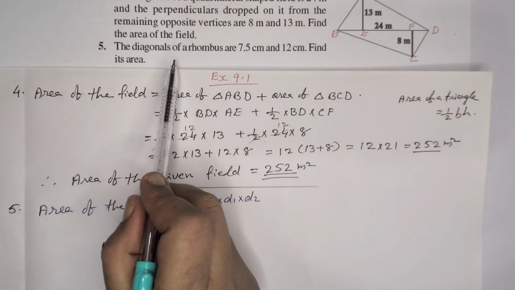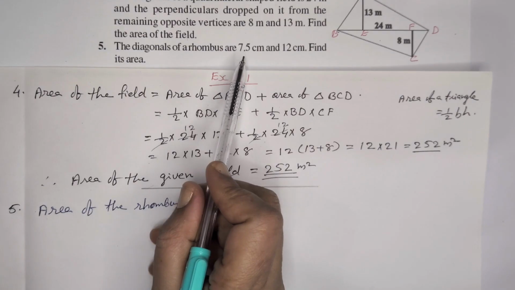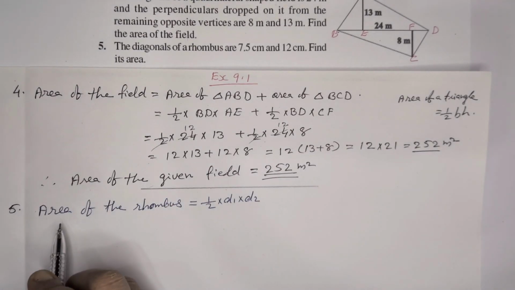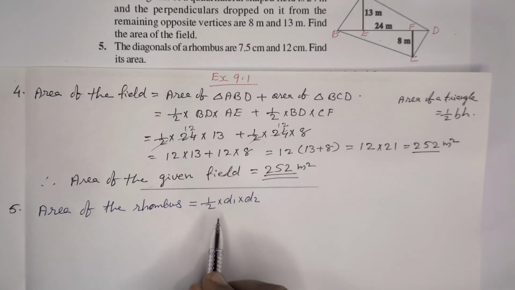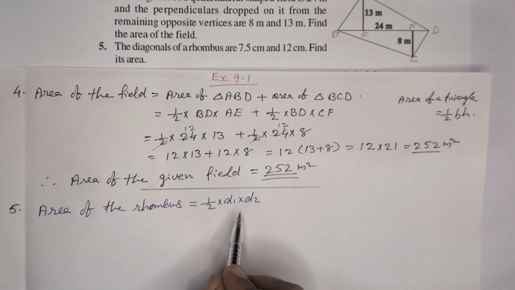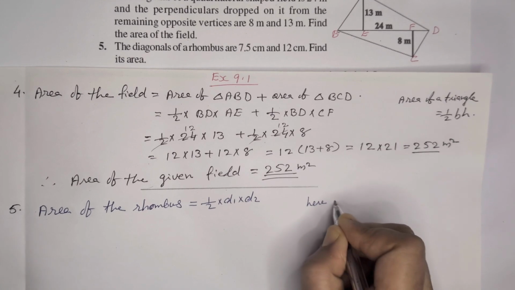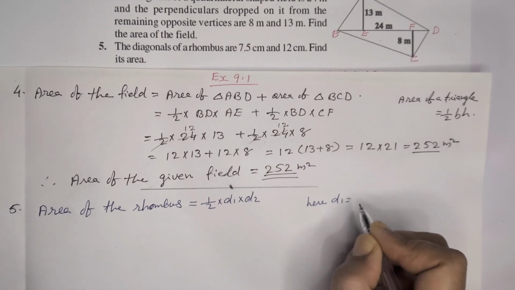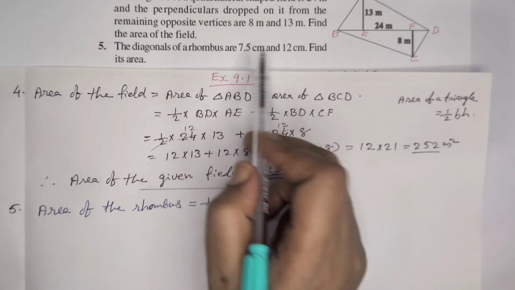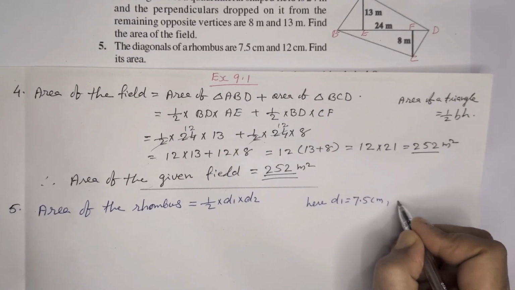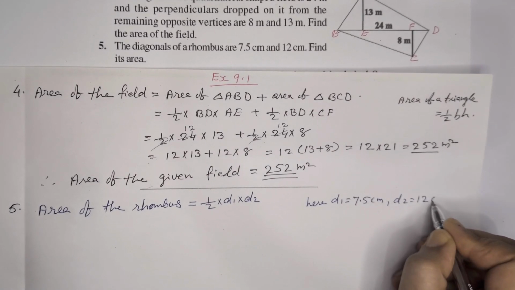Question number 5. The diagonals of a rhombus are 7.5 cm and 12 cm. Find its area. We know the formula area of the rhombus is equal to half into D1 into D2. D1 and D2 are the diagonals. So here we can write D1 is equal to 7.5 centimeter, D2 is equal to 12 centimeter.